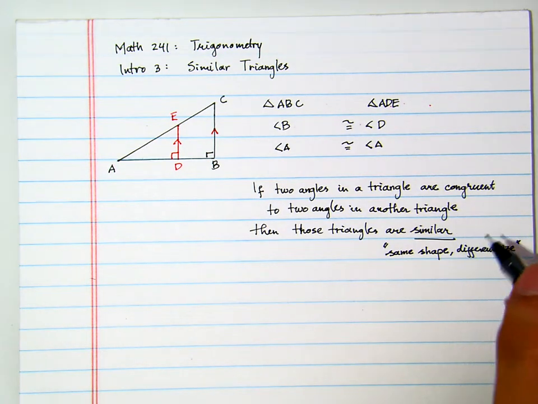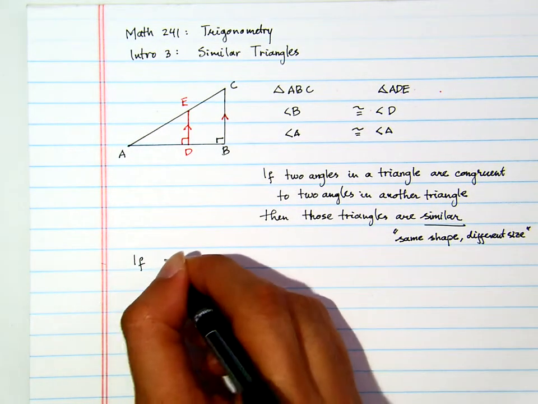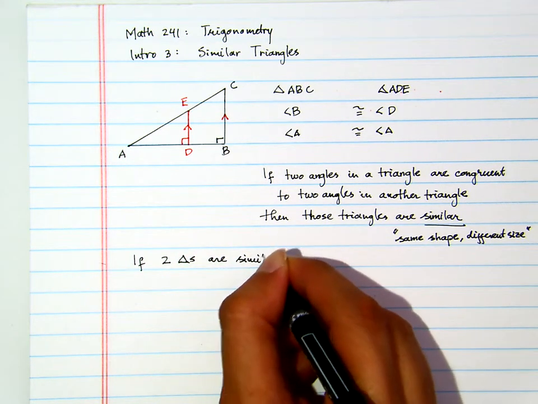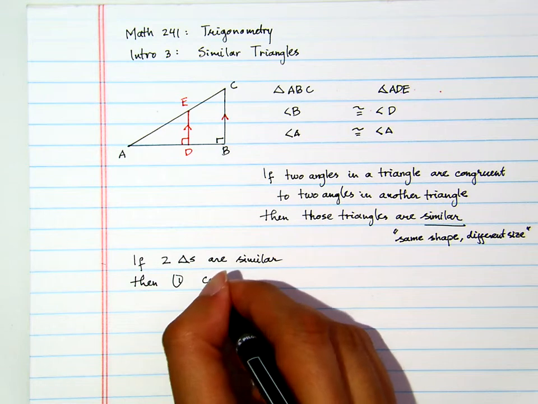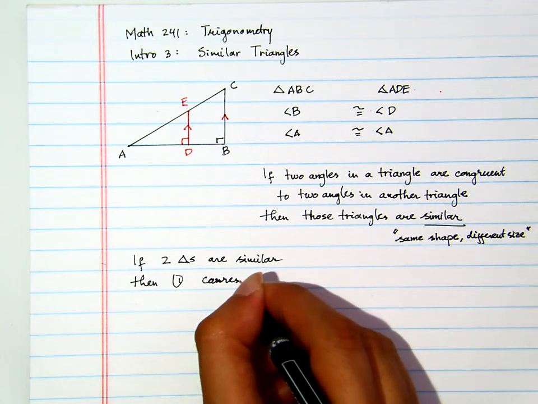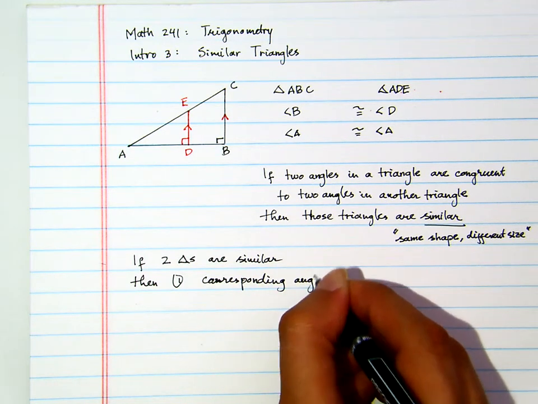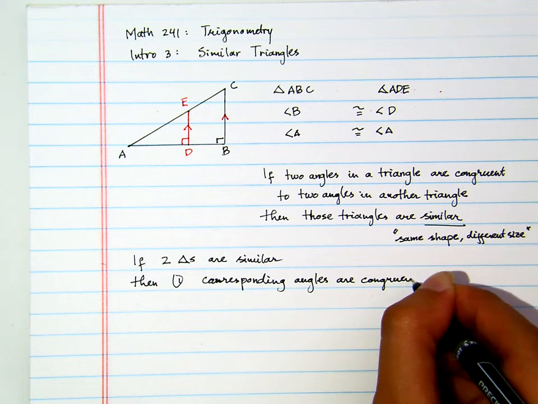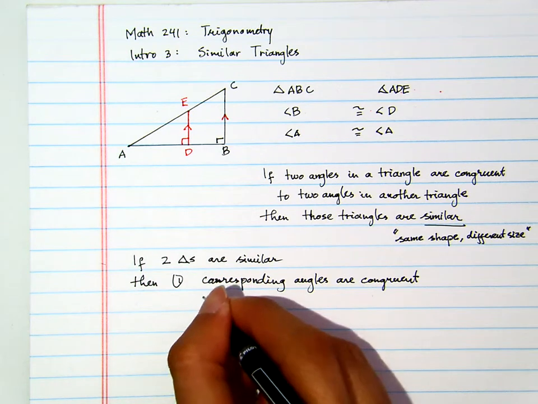Now, something we learned before is that if two triangles are similar, then first, corresponding angles are congruent.